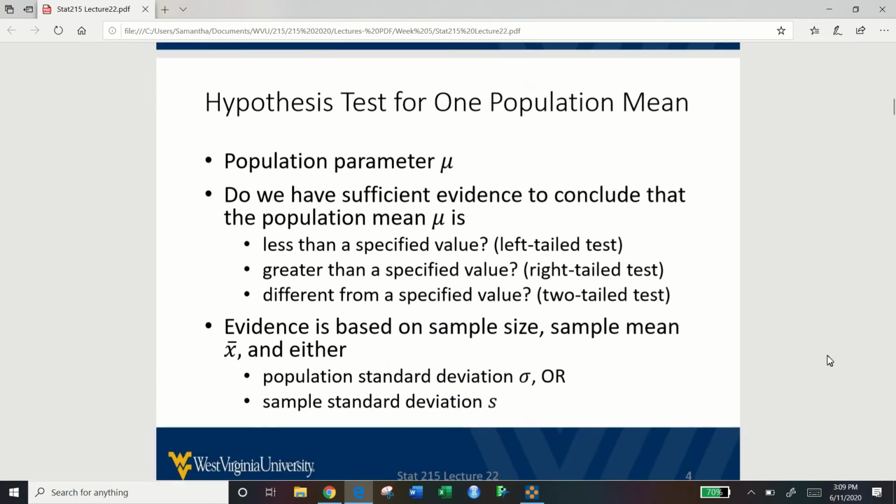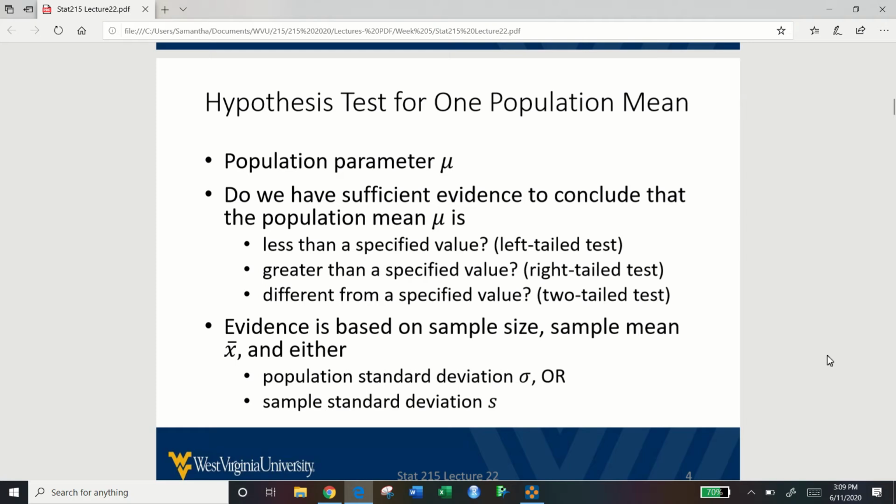So let's start looking at the hypothesis test for one population mean. You may recall that our parameter of interest in this case will be mu. We will be asking ourselves, do we have sufficient evidence to conclude that the population mean mu is one of 3 possibilities: less than a specified value, greater than a specified value, or different from a specified value.